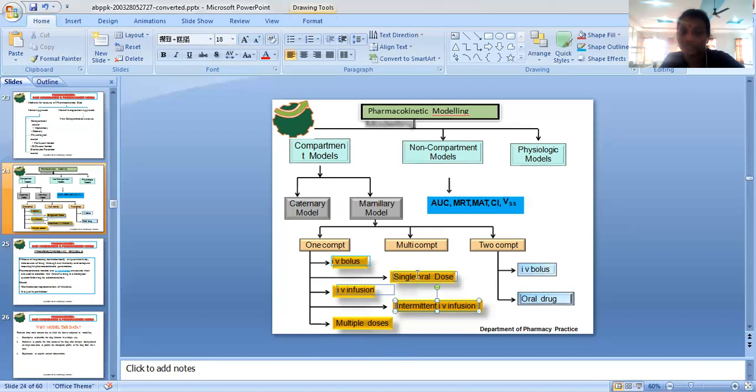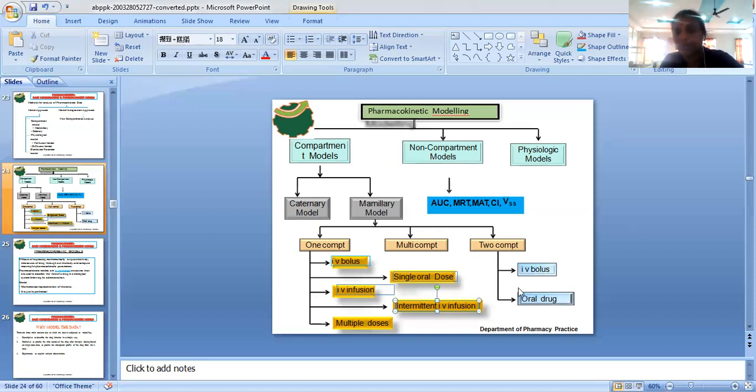These are the classifications under the one compartment model. For this, analytical and mathematical formulas are available, and each route of administration can be better explained by different mathematical quantitative estimations.